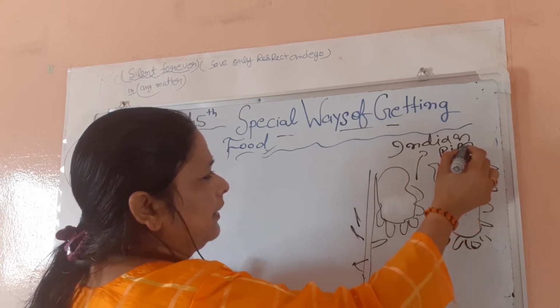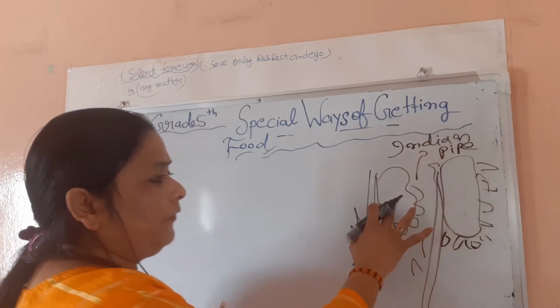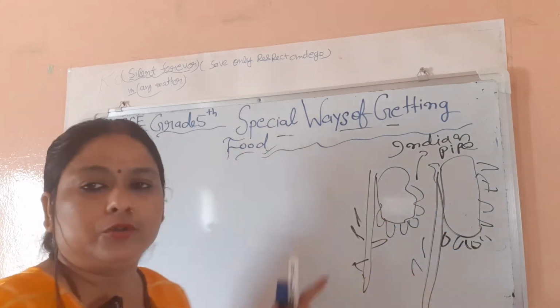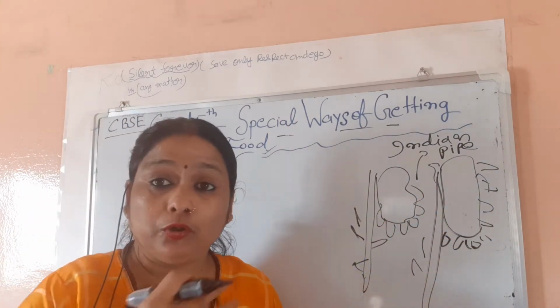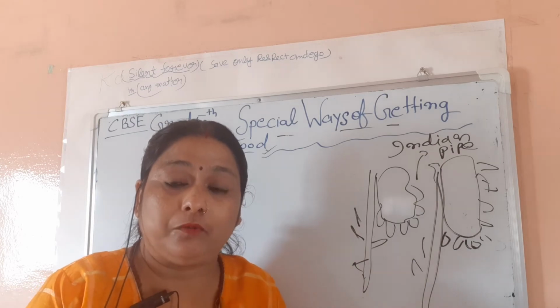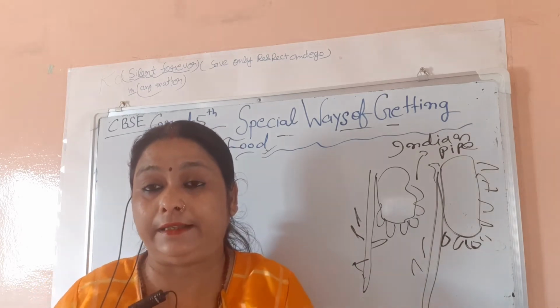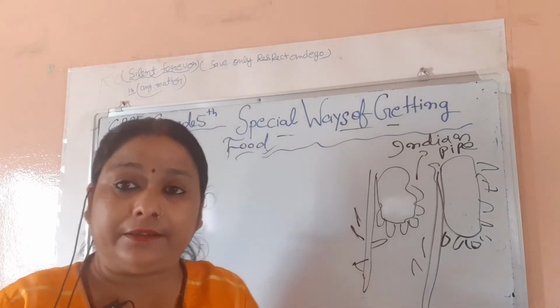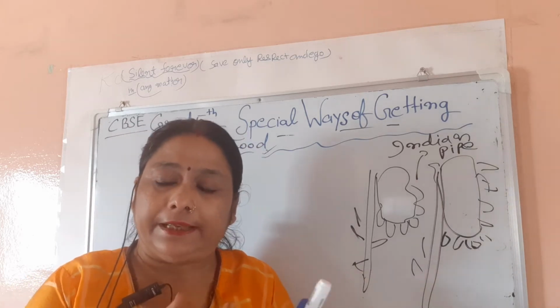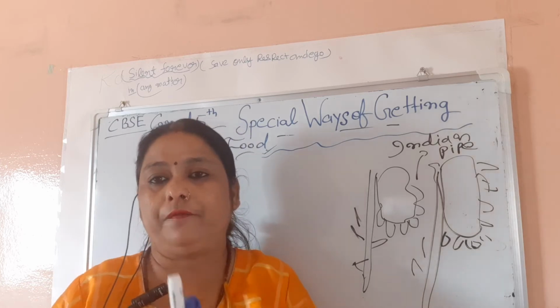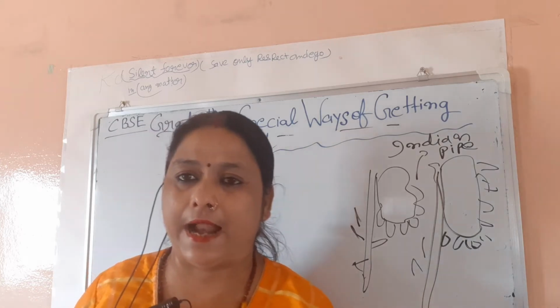Chlorophyll is absent in this type of plant, so they cannot make their own food. They depend upon dead and decaying plants and animals, and they get their food from them.